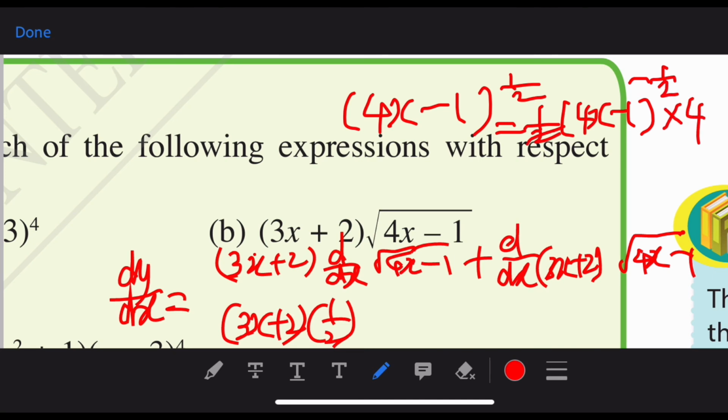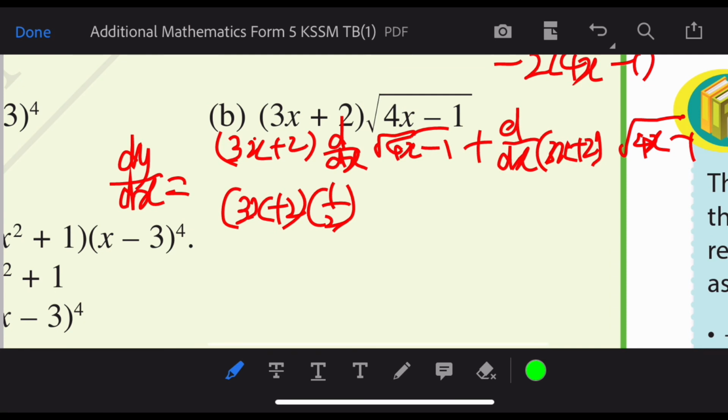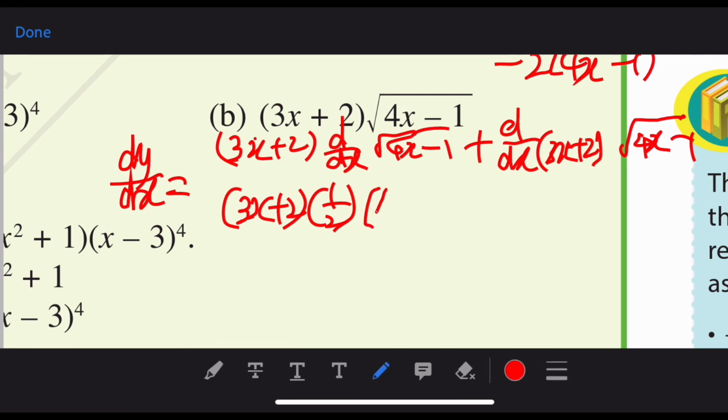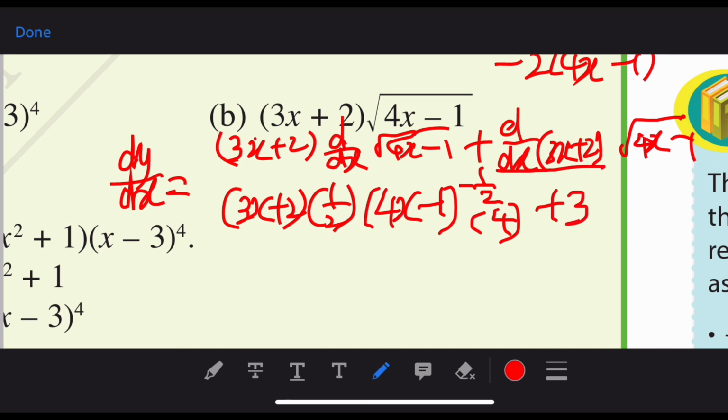The 4 cut with the 2 will be 2. So it's 2 times 4x minus 1 to the negative half. Then I differentiate this one, I got 3, and this thing I just copy.